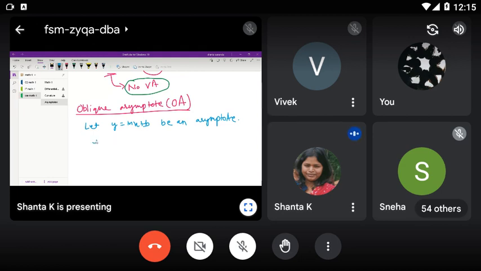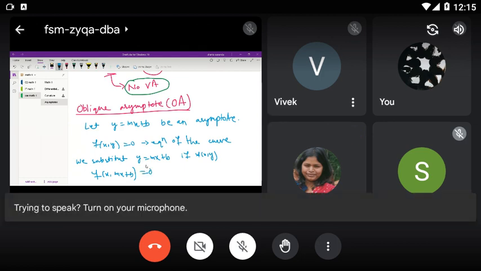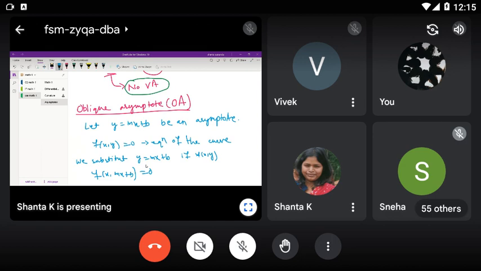So if you have f of xy equals 0, this is the equation of the curve. What is the first thing we do? We substitute y equals mx plus b in f of xy. So what we are actually getting is f of x, mx plus b, equals 0.